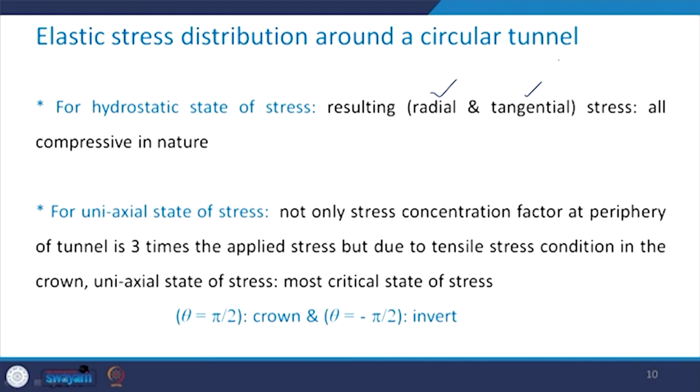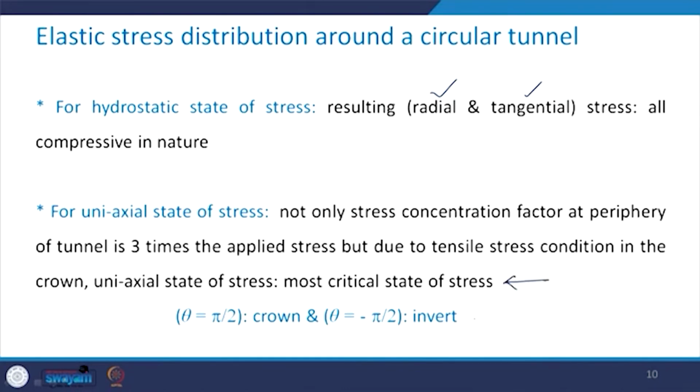We saw that the stress concentration factor was all positive in that case. But in case of the uniaxial state of stress, it is not only that the stress concentration factor at the periphery of the tunnel is 3 times the applied stress, but also due to the tensile stress condition in the crown portion of the tunnel, this uniaxial state of stress becomes the most critical state of stress.